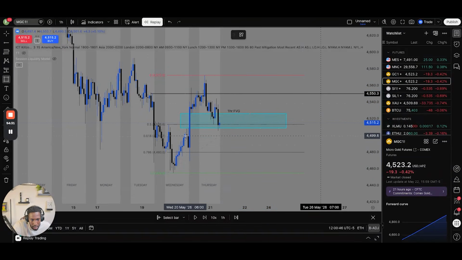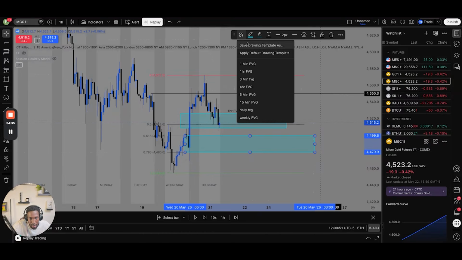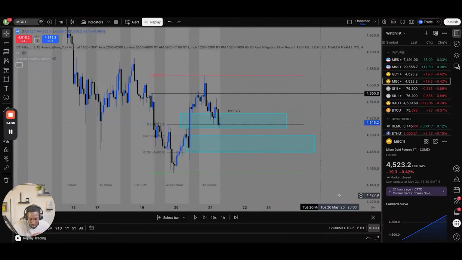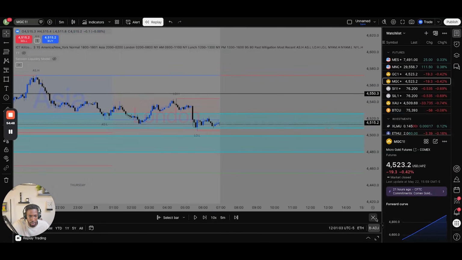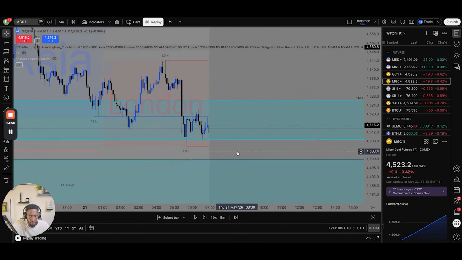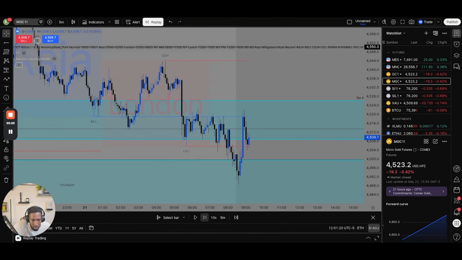Optimal trade entry is all the way down here with this order block, but price doesn't have to go all the way down there. Let's see. This 1 hour gap seems to be holding. 5 minute time frame. Boom. Bias of the day: higher. Fibs. Boom.